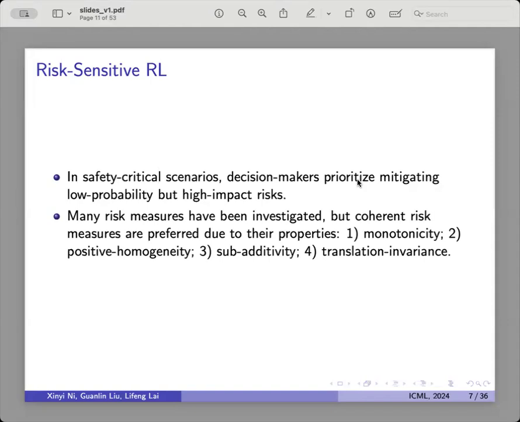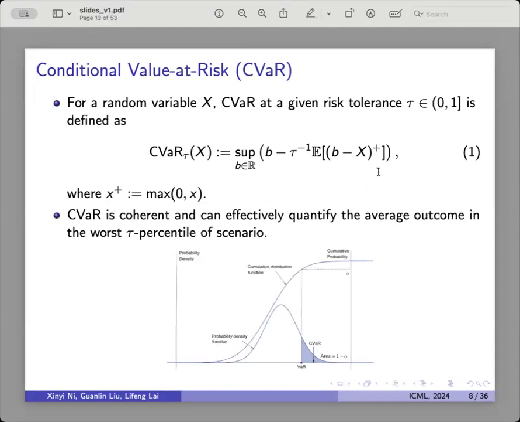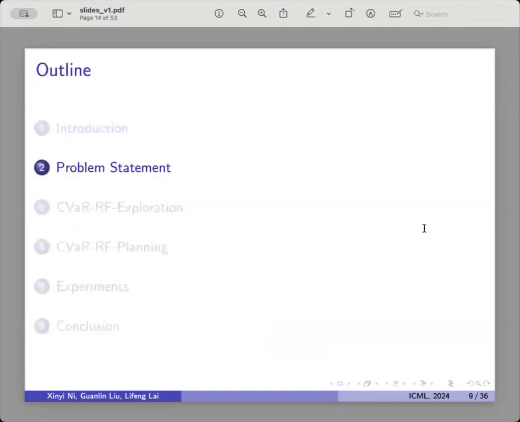These 4 properties make coherent risk measures capable of capturing regional risks and also representing the risk preference of the decision makers. In this work, we use conditional value at risk, CVaR, which is defined in this way. One important fact is that CVaR is coherent and it can effectively quantify the average outcome in the worst tau percentage of scenarios.